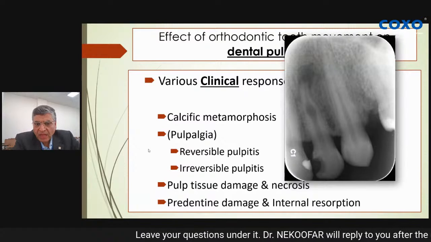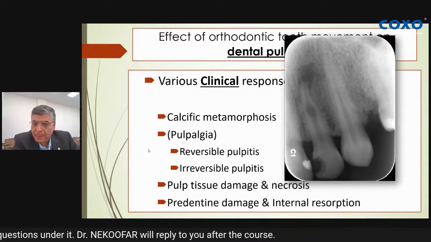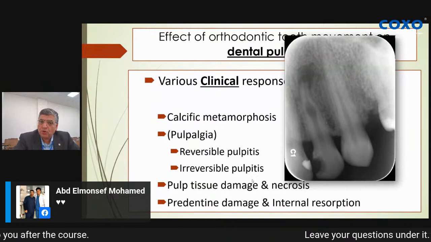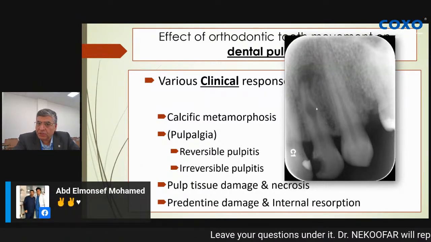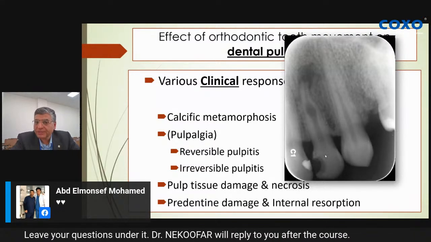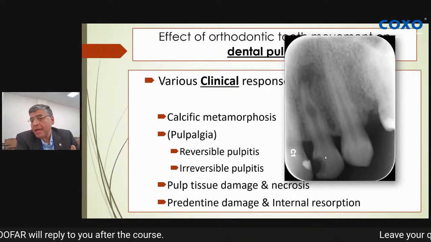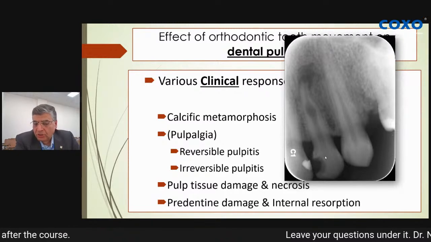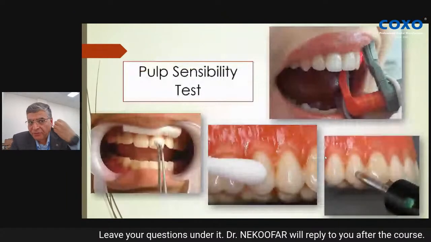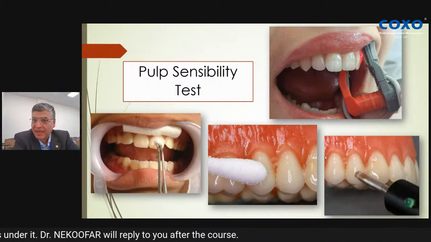Okay. So if we have periodontal damage and if we have internal resorption, the treatment is a bit different. We need to make sure that we remove the cells from the area of internal resorption, as well as removing the whole source of the problem on the apical side, the whole source of the periapical disease and internal resorption, by good cleaning and shaping. And before everything, we need to do a proper pulp sensibility test.